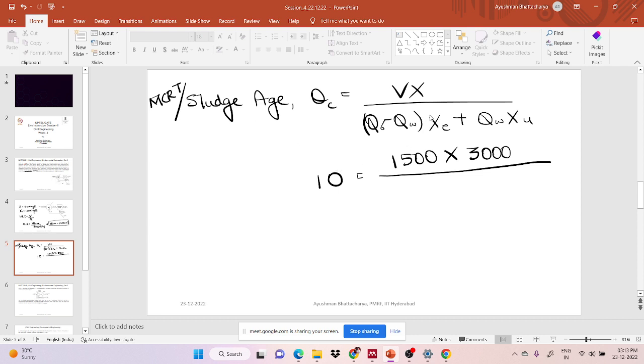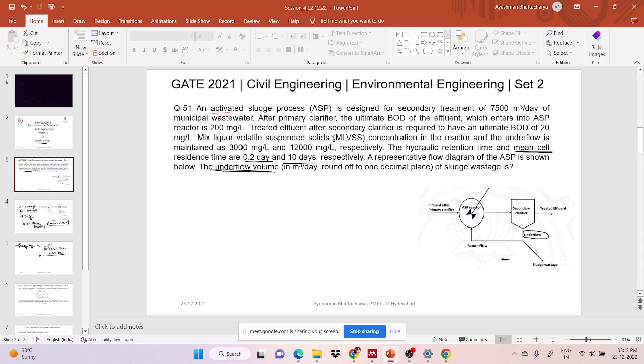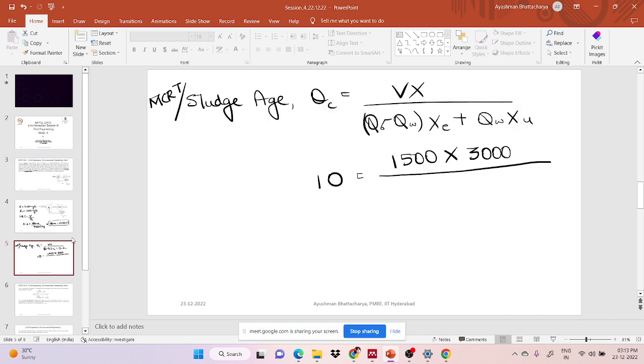So 10 days. So now you can see Q naught minus QW and the MLSS concentration in the effluent. So MLSS concentration they have not talked about in the question. So basically in the treated effluent we will assume it is negligible compared to the inflow to the ASP. So basically here it will come QW XU, considering Xe is near to 0.